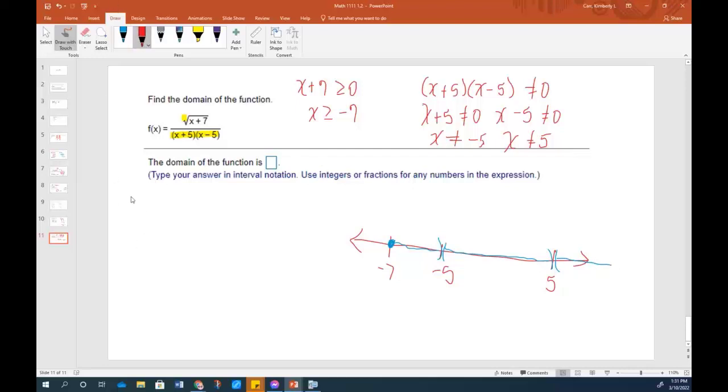So when I write my answer from left to right, I have -7, it does use it. That's why there's a bracket there. Up to -5, skip it. Go to 5, skip it, and then keep going to infinity. Okay, so that's the answer in interval notation.